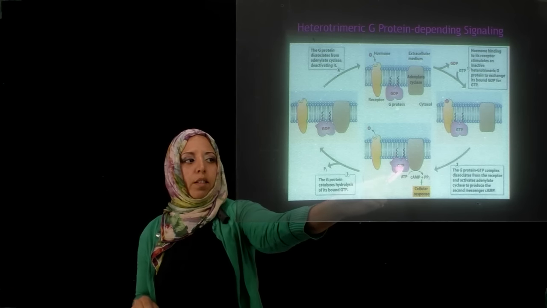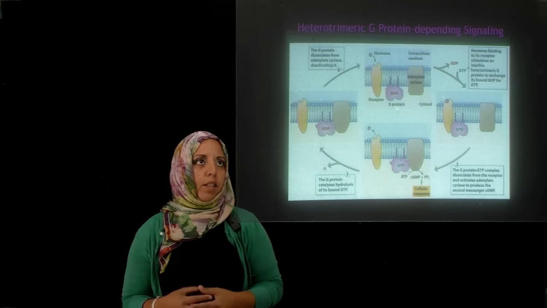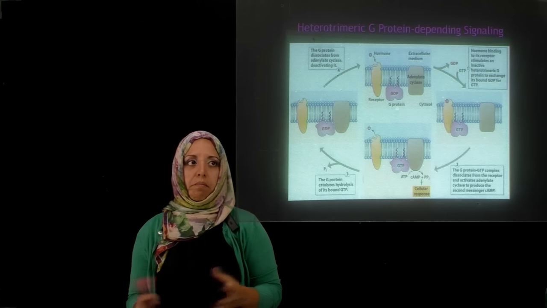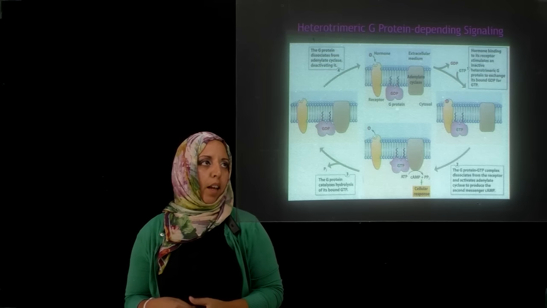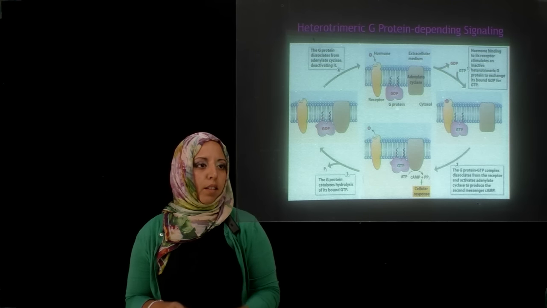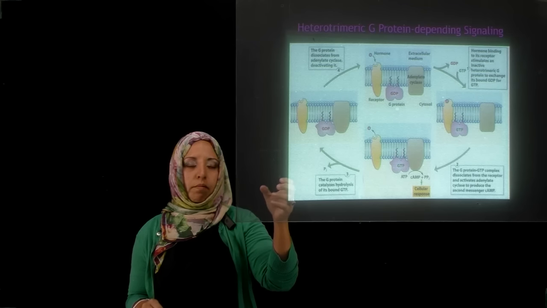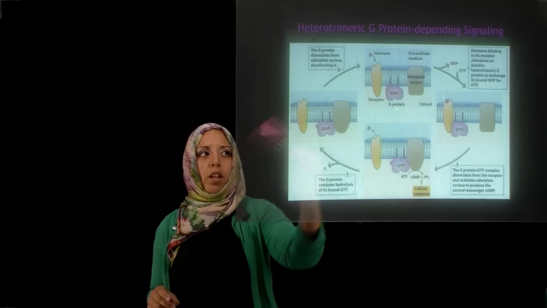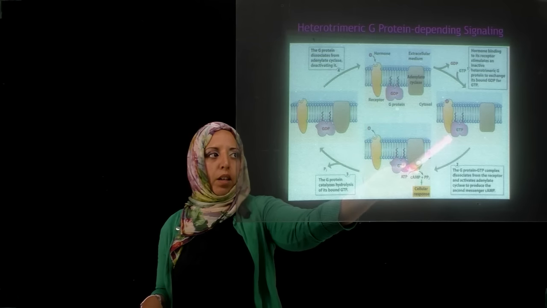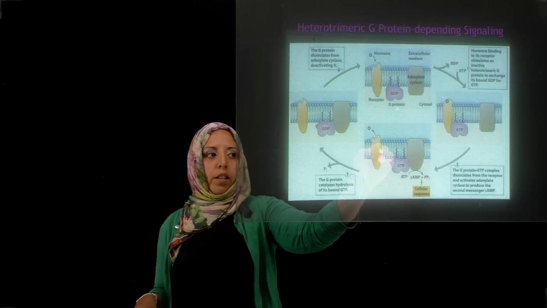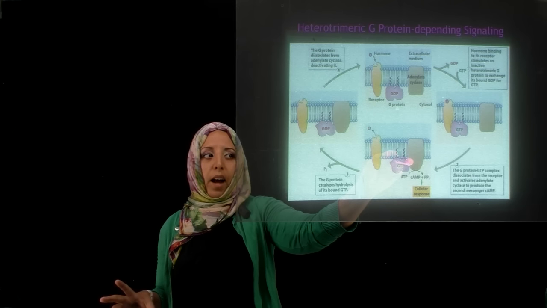The hydrolysis of its bound GTP back to GDP inactivates the protein, which in turn will turn off that signaling cascade produced by adenylate cyclase. So a signaling molecule binds to the receptor. The receptor undergoes conformational changes, which triggers a G protein to displace its bound GDP by GTP, binding to the receptor, and then diffusing through the membrane, binding to adenylate cyclase, activating it.